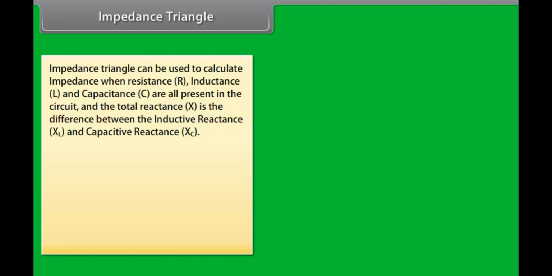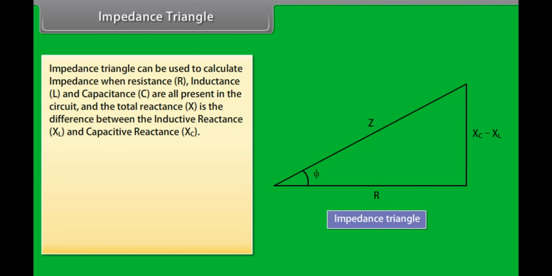Impedance triangle. Impedance triangle can be used to calculate impedance when resistance, inductance, and capacitance all are present in the circuit, and the total reactance is the difference between the inductive reactance and capacitive reactance. Z = √(R² + (XC − XL)²).